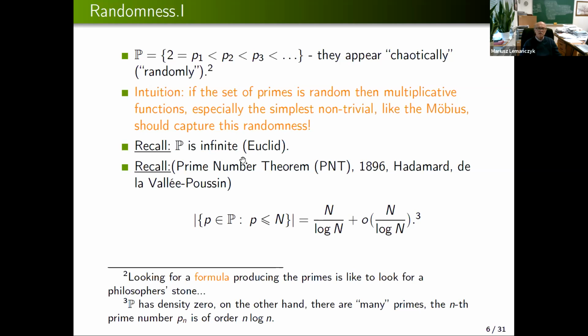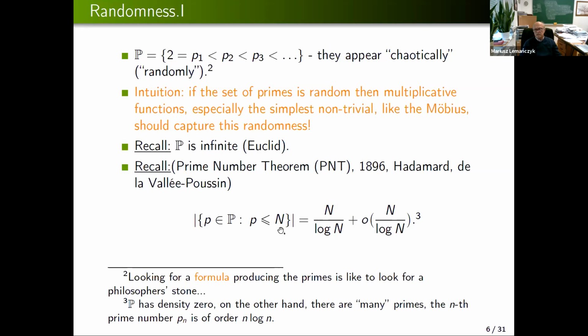The first statement is just that the set of the primes is infinite. This is the first-year students' proof, everybody knows the proof of this fact. But then one of the greatest achievements of mathematics of the 19th century was the proof of the prime number theorem.